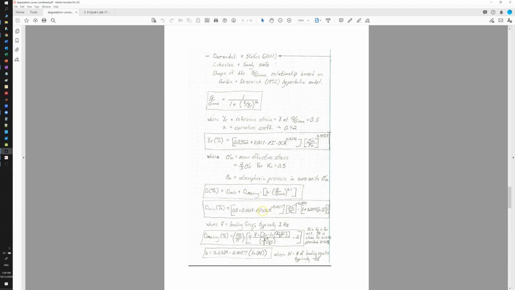You can measure them and then plug into these equations, and be able to find more calibrated empirical correlations for the G over G max curve and the damping ratio curve.